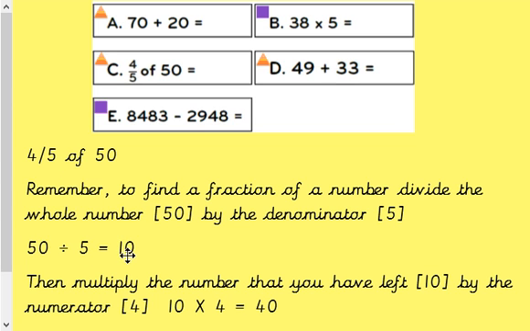So 10 would be 1/5 of 50, but the question's asking you to find 4/5. But if you already know what 1/5 is, then all you need to do is multiply the number you've got left there, 10, by the numerator, which in this case was 4. So you know what 1/5 is, you times it by 4 to find 4/5. So 10 times 4 is 40.